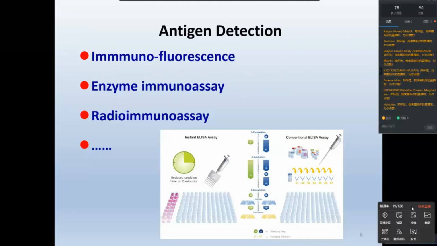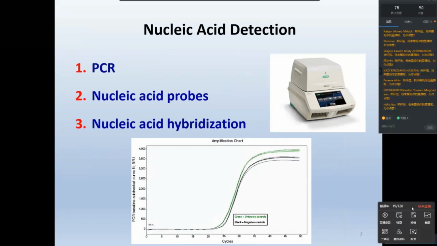And during this special time, during the pandemic, now almost in every country, we are using real-time PCR to detect the existence of coronavirus RNA. So it's very popular and it's widely used. And now in China, the big hospitals usually they have one of these machines, but in small hospitals they usually don't have one.